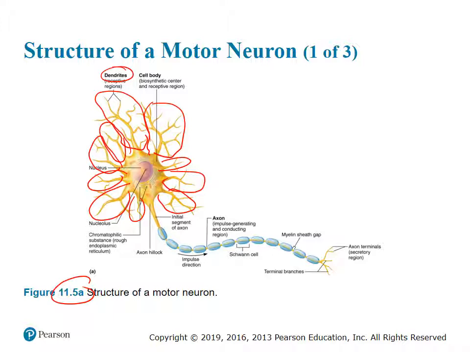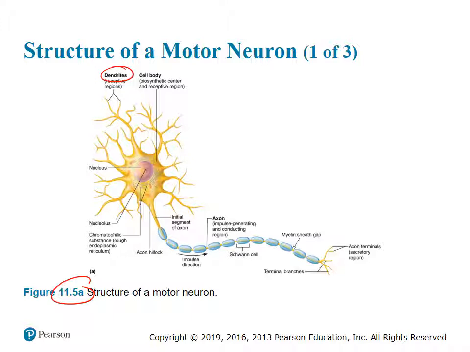So I'll erase it all because it looks kind of confusing. But you see all those little extensions out of the cell body. That's not the cell body. So then I'll just draw the cell body. That's the cell body, right? The extensions out of those here, those are dendrites.